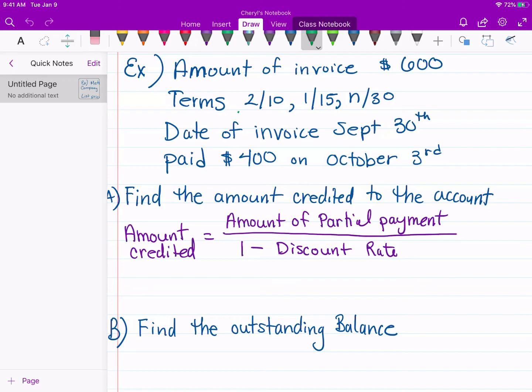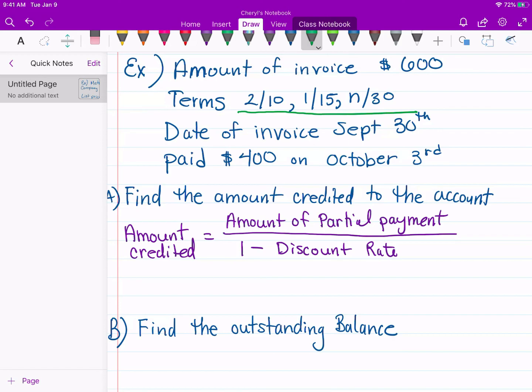Because the terms are 2/10, 1/15, net 30, that means if they pay within 10 days of the invoice, they get a 2% discount. If they miss that deadline, but pay within 15 days, they get a 1% discount. If they miss the second discount period, they have to pay in full by 30 days after the invoice date.